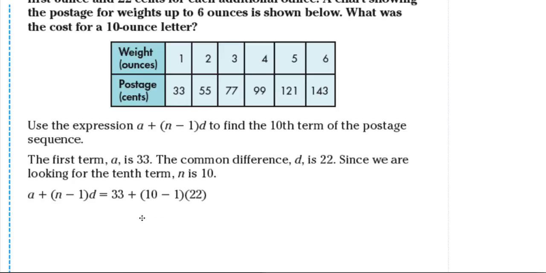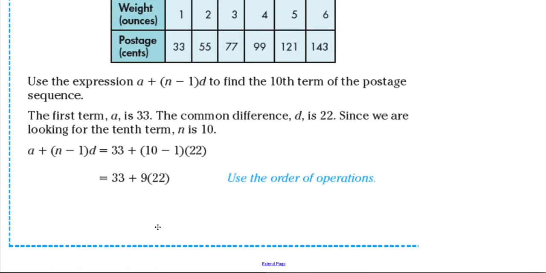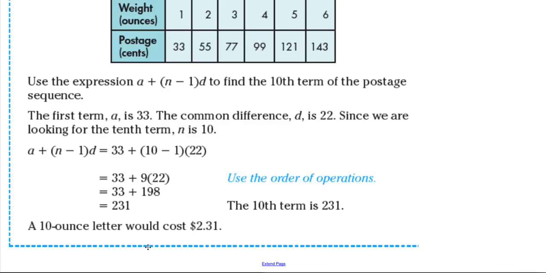Simplifying it further, we end up with 33 plus 9 times 22. 9 times 22 is 198, so now we have 33 plus 198, which is equal to 231. The 10th term of the sequence is 231 using our formula. So a 10-ounce letter would cost $2.31.